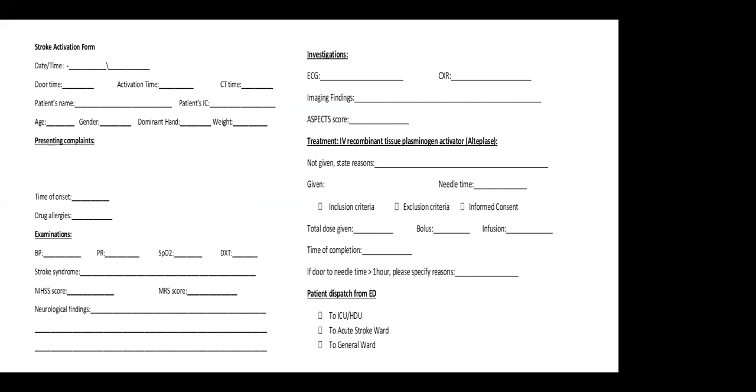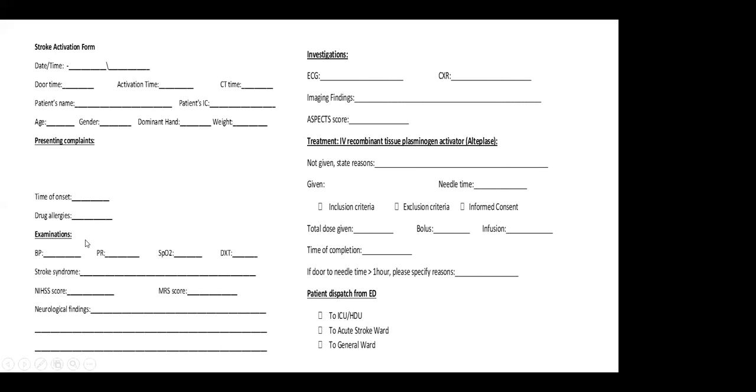This is the stroke activation form, which includes the date and time, the door time, which needs to be documented, the activated time, which is when the ED team activated the stroke alert, which also needs to be documented, and the CT time, patient's name and IC, age, gender, dominant hand, and weight.